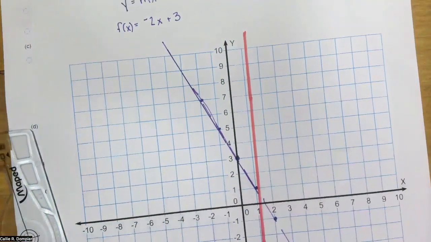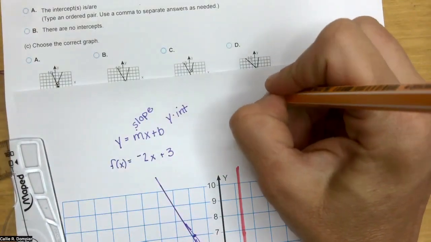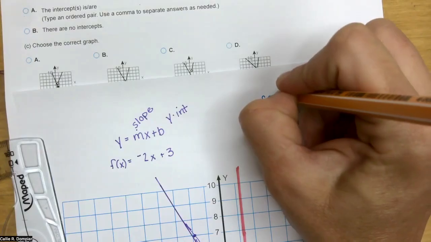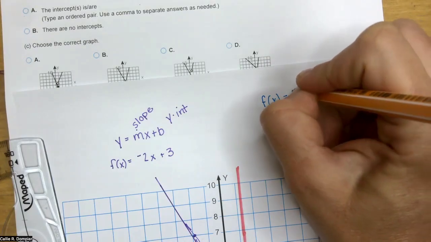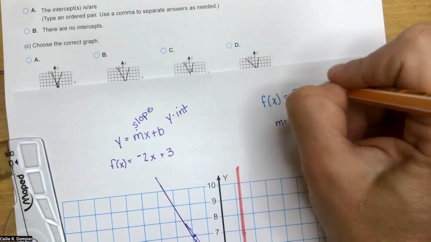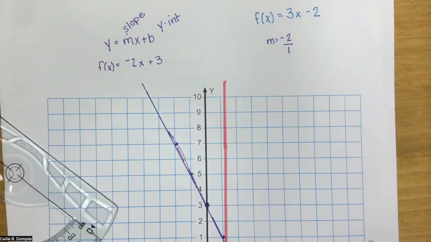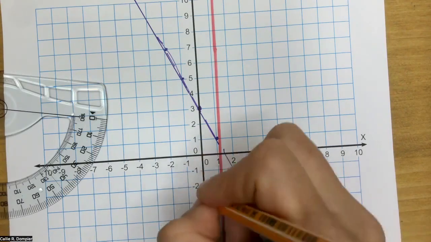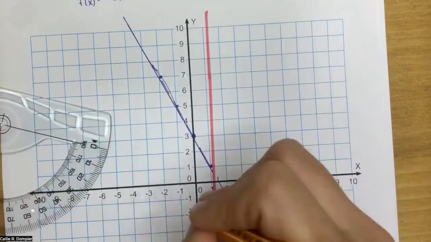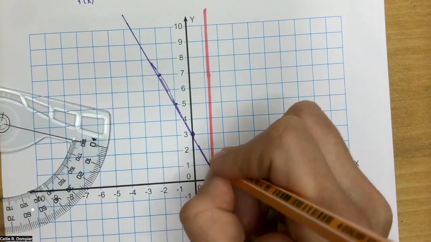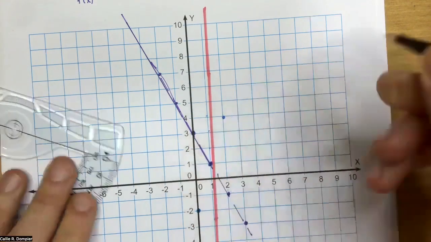Okay, now I'm going to take the other equation, and it was f of x equals 3x minus 2. And same thing, we have a slope and we have a y-intercept. Our y-intercept is negative 2, and our slope is 3. So that's up 3 over 1, up 3 over 1.